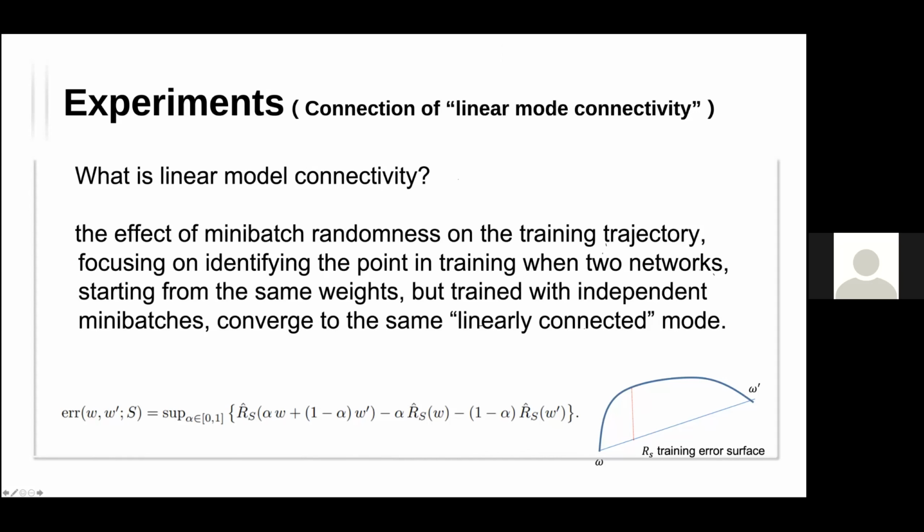If you use one kind of mini-batches, it will go to omega prime, and then you use another independent mini-batches, it might go to, for example, omega prime prime. Then omega prime and omega prime prime should lie on a linearly connected line, in the hyperspace. So this is the linear mode connectivity from another paper.